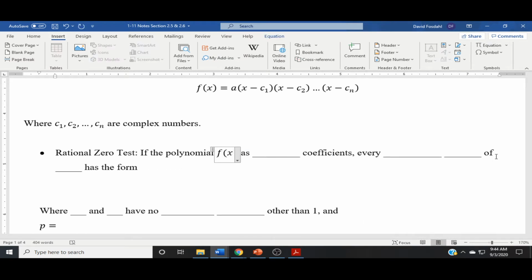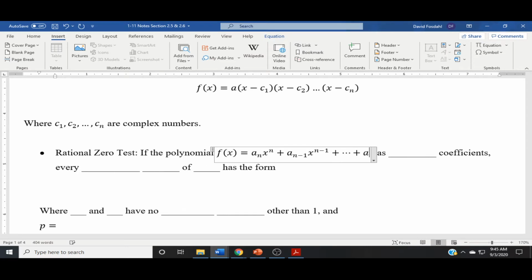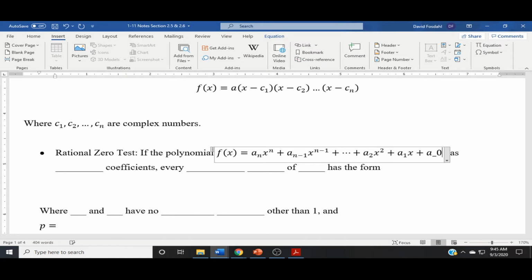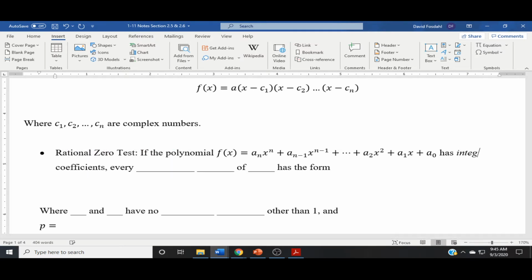So f of x equals a sub n x to the n plus a sub n minus 1 x to the n minus 1 plus dot dot dot plus a sub 2 x to the 2 plus a sub 1 x plus a sub 0. Okay, it's going to have integer coefficients.